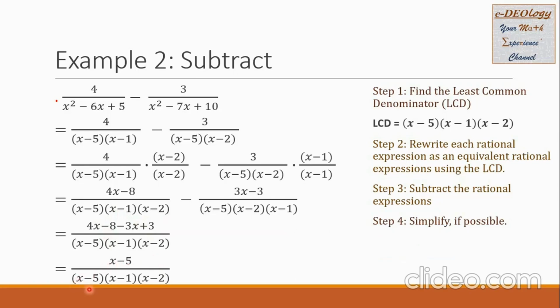We have also x minus 5 in the denominator. We can cancel it, and then we will collect the remaining terms. In the numerator, it's 1 all over. There will be two binomials in our denominator, the x minus 1 times x minus 2. And this is our final answer.